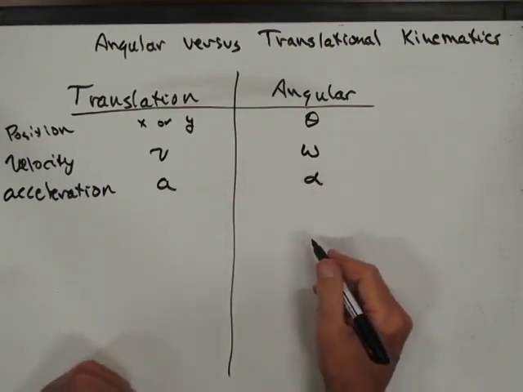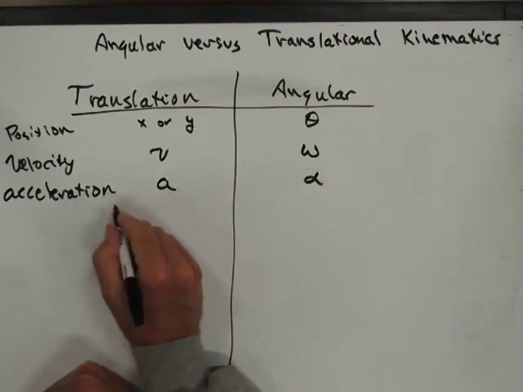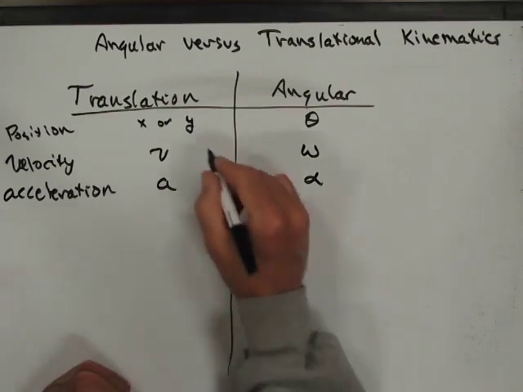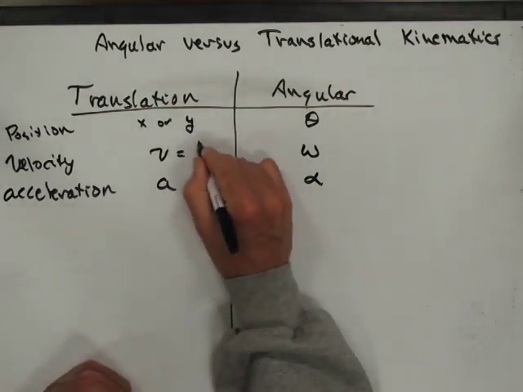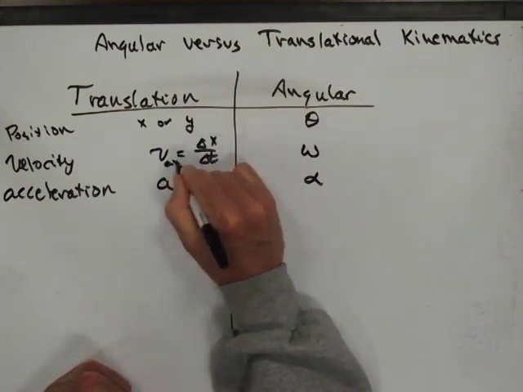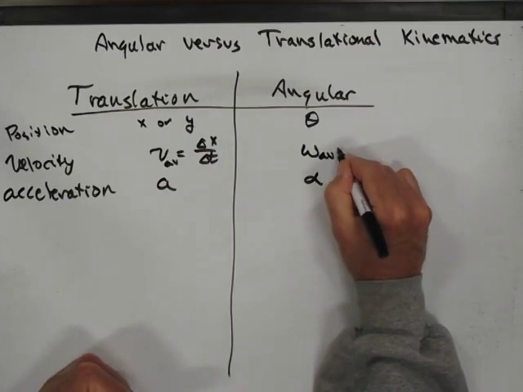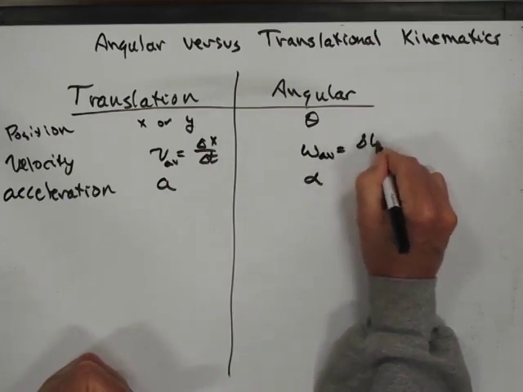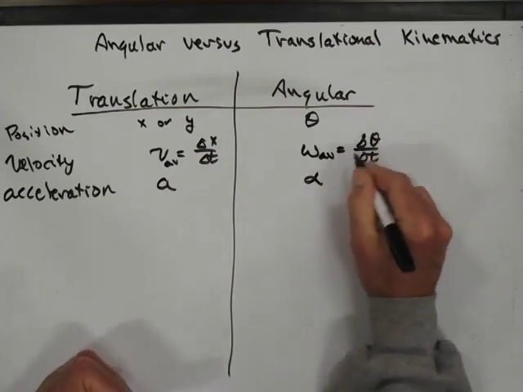And so if you remember these equations, we had some definitions. Velocity was equal to change in position over change in time, and technically that was the average velocity. Similarly, the average angular velocity is change in angle over change in time, right?